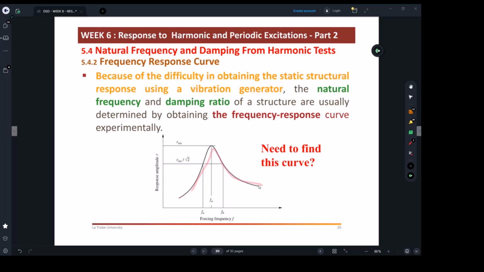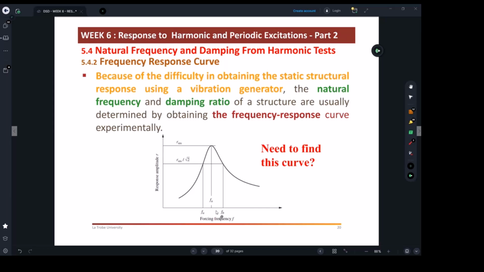This is one of the frequency curves, depending on a response amplitude. We don't know whether this is going to be acceleration or displacement, it's up to us. And then we use that half bandwidth approach to find the unknowns.